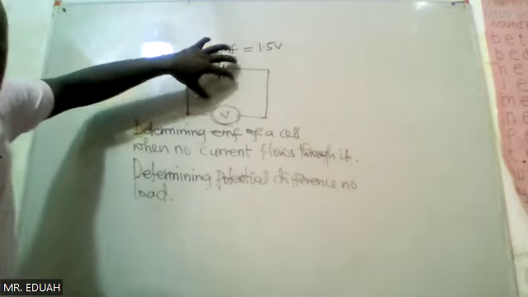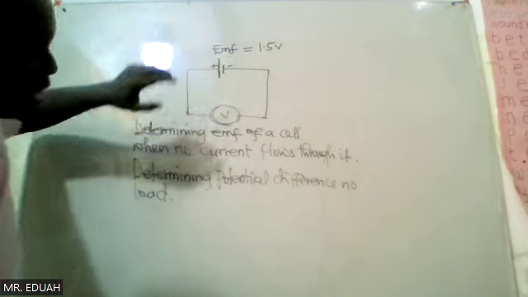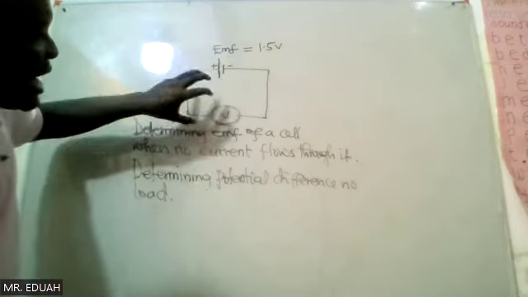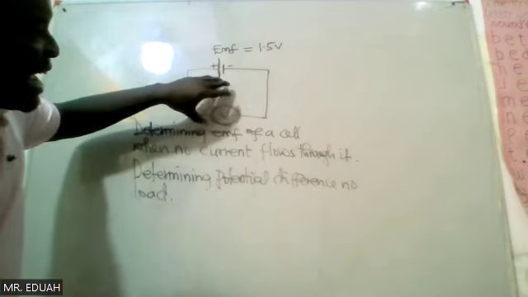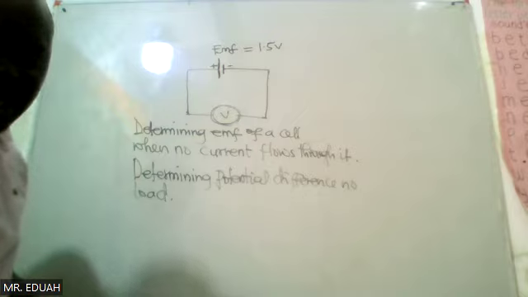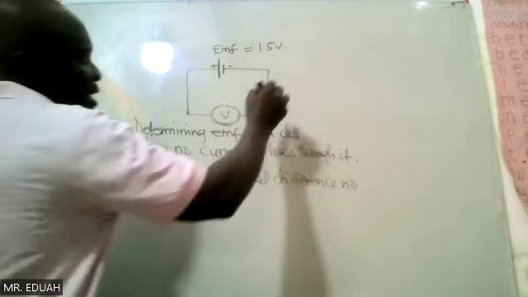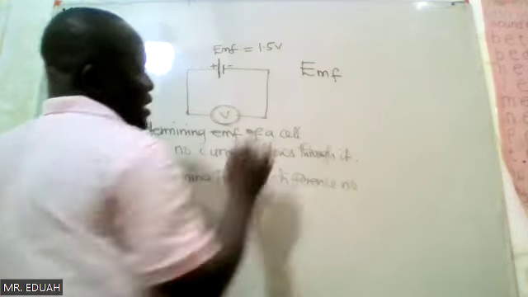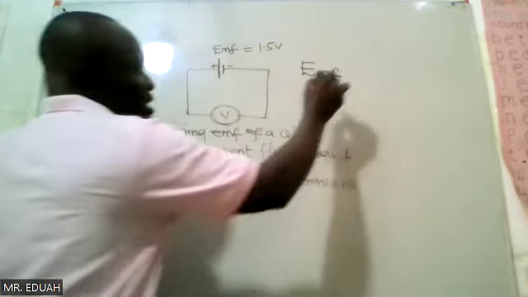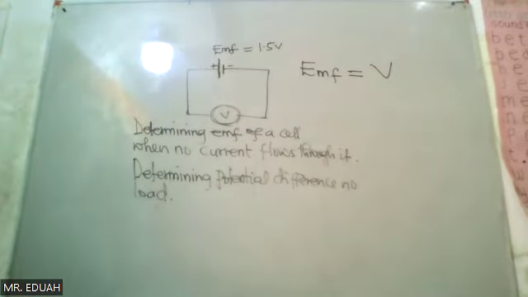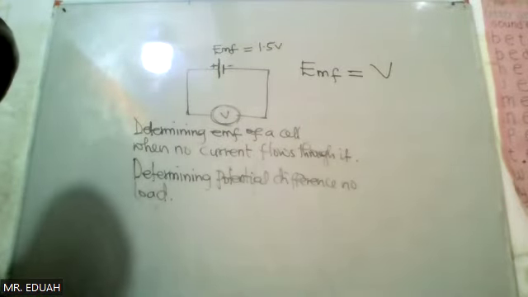Every condition has been fulfilled, yet what we are saying is that when you make such an arrangement, no current flows through the voltmeter. So the EMF E of the battery is equal to V, the potential difference or the voltage drop.